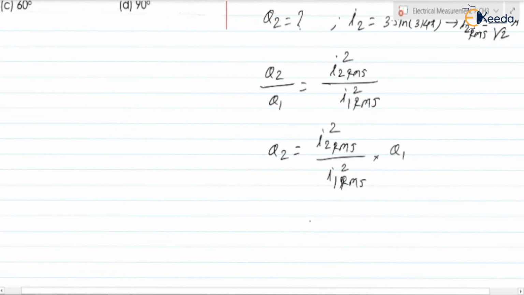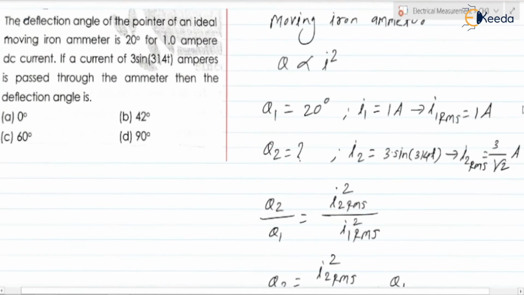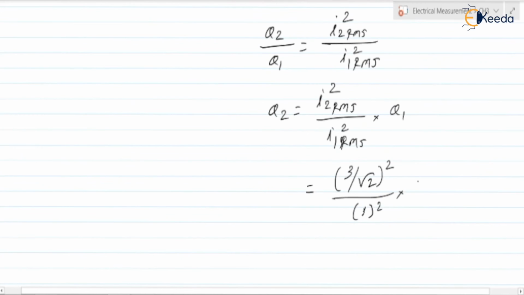It is 3 by root 2. So you can write 3 by root 2 square divided by I1, which is 1 ampere, into theta 1. Theta 1 is given, it is 20 degree. So if you check, it is equal to 90 degree. Final answer is 90 degree. This is theta 2.